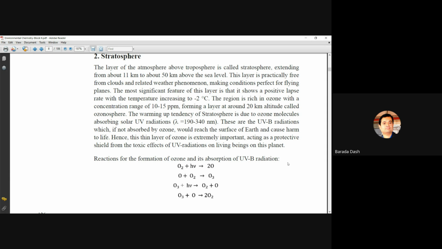The stratosphere has an ozone layer about 20 kilometers above our Earth's surface, and it prevents the passage of harmful UV radiations and protects us.